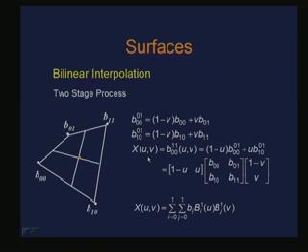So, this surface, if I represent it as x(u,v), is nothing but the linear interpolation of these resulting points.